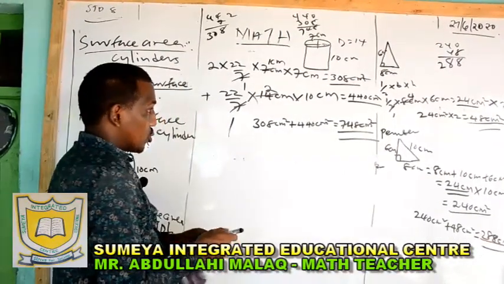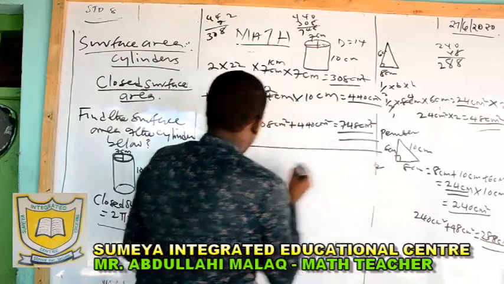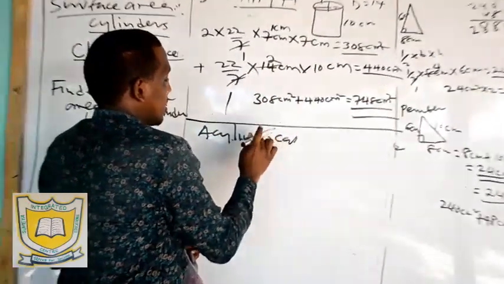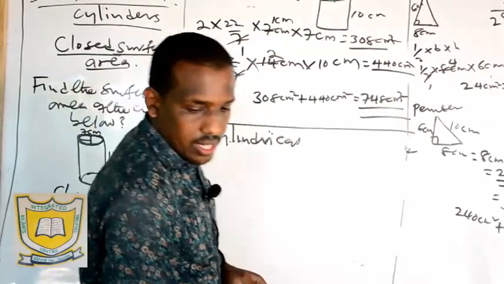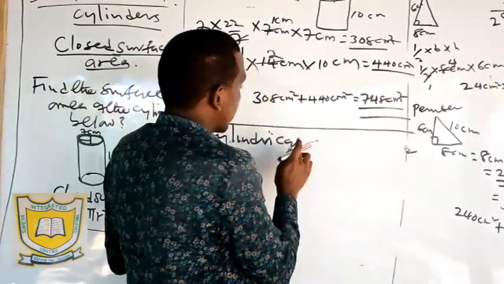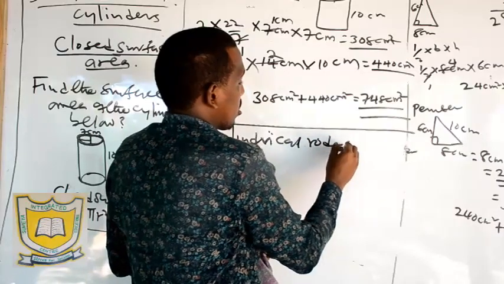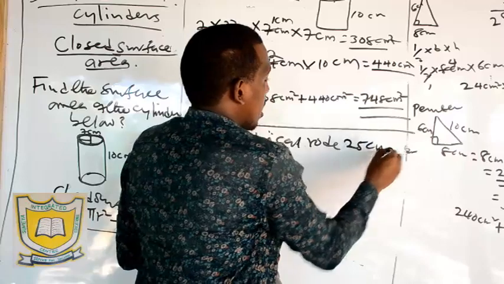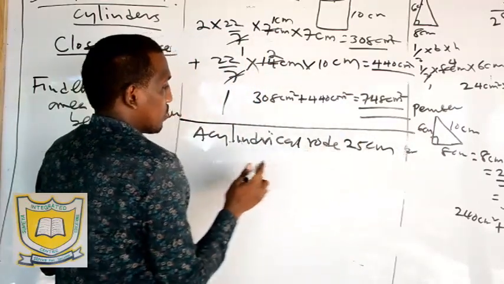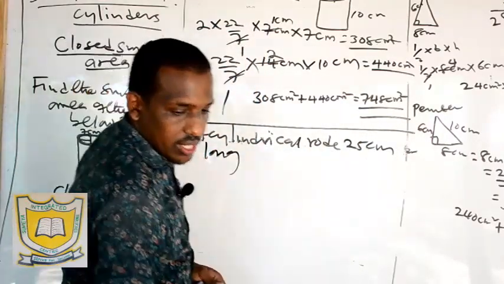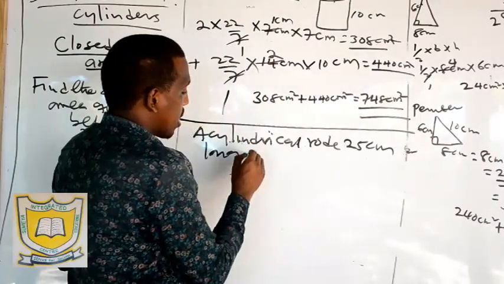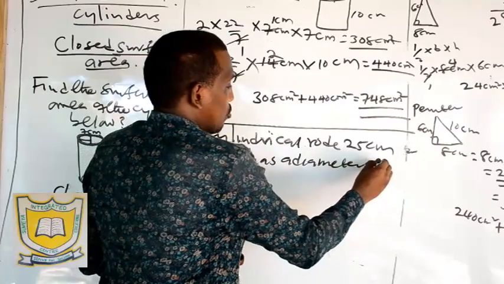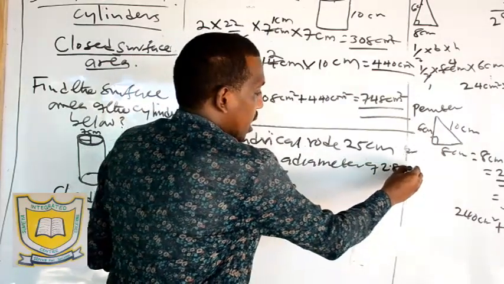Then there's also another question here. You are told a cylindrical rod 25 centimeter long has a diameter of 2.8 centimeter.